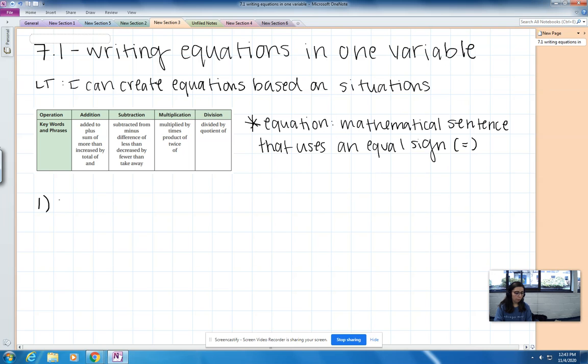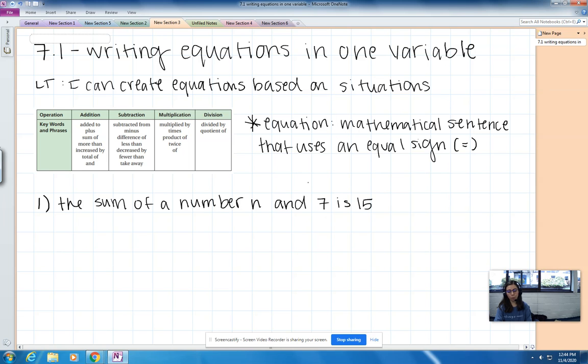Our first example, the situation we have is the sum of a number n and 7 is 15. So this is kind of like section 3.2 where we wrote expressions. We took some words and translated that into an expression.